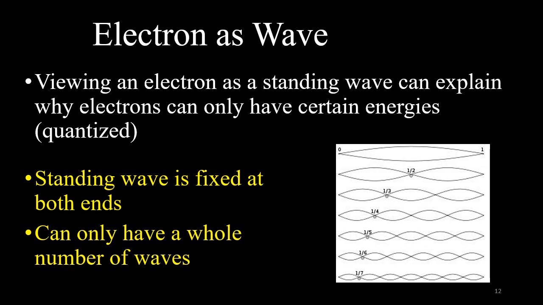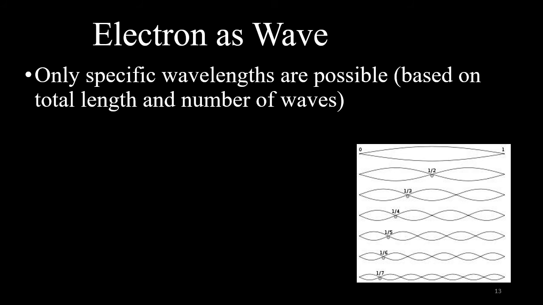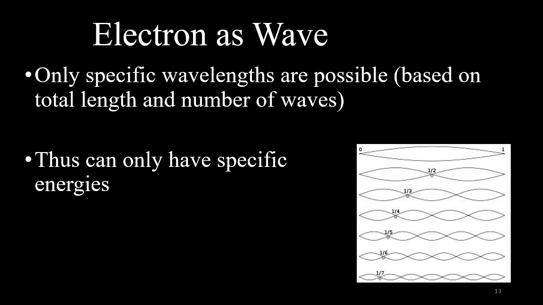So it's like saying that an electron can have the amount of energy you get from 1 wave of that wavelength, or 2 waves that are shorter, or 3 waves that are shorter, but it always has to be a certain specific wavelength. You can't just have any wavelength that you want. Only specific wavelengths are possible based on the total length of the string and the number of waves in the string.